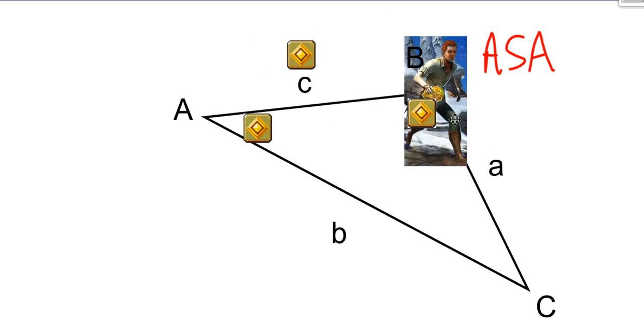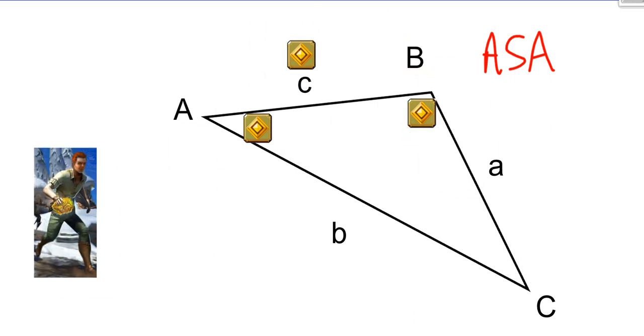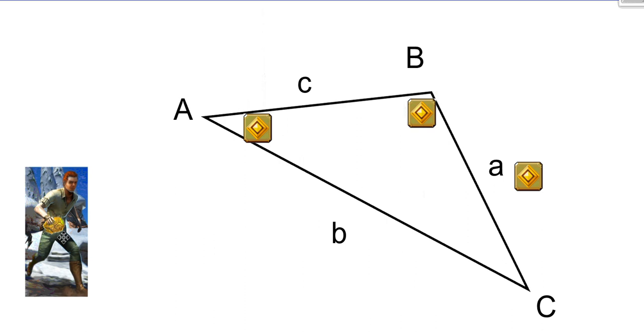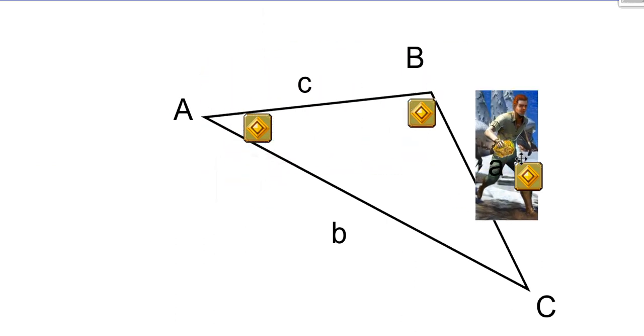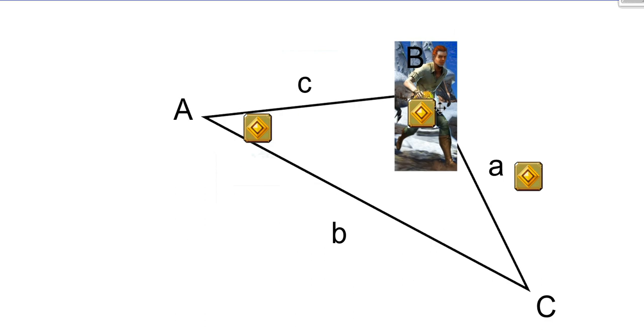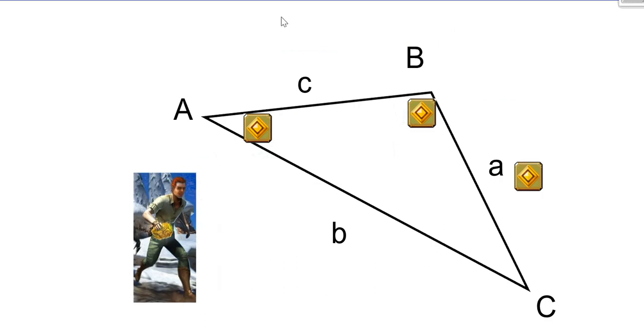So angle, side, angle. Here's another example. I see an angle, angle, side. So this is an AAS problem.